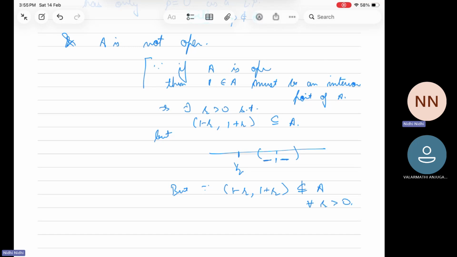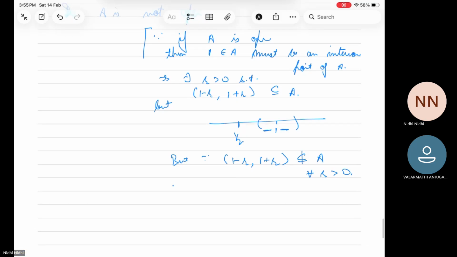For r equal to 0 this interval will be in A, but we need r positive. Similarly, we can find many more examples. Therefore, A is not open.